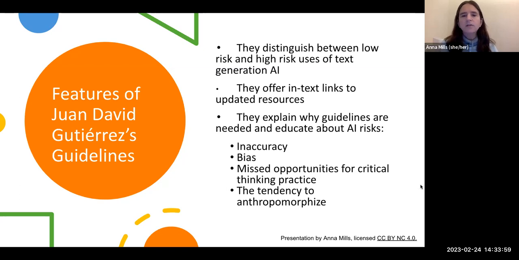He links out to a lot of updated current articles. The guidelines explain why they're needed, and educate about the risks of AI, including the inaccuracy, bias, and the tendency to anthropomorphize or imagine that the AI is sentient. So I found it an inspiring model for those reasons.